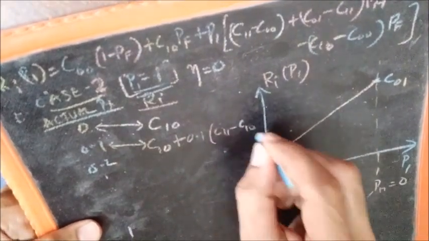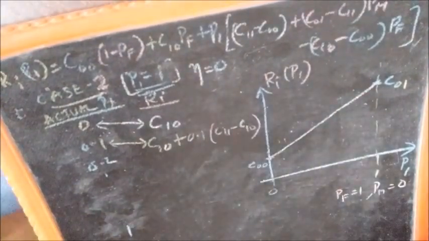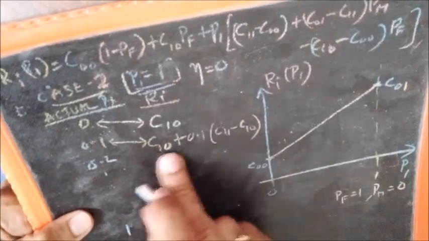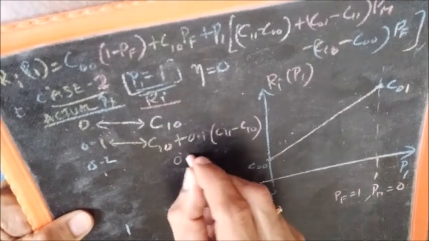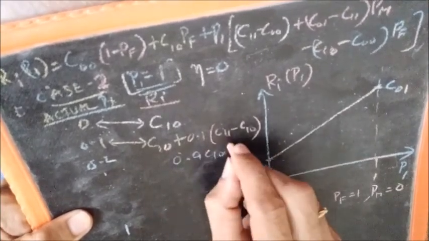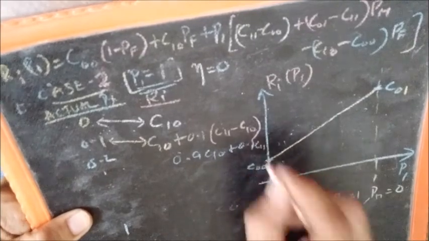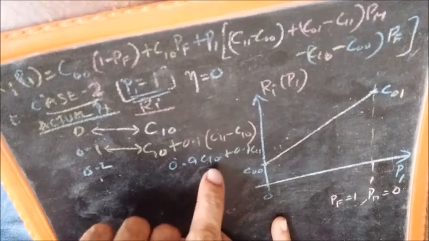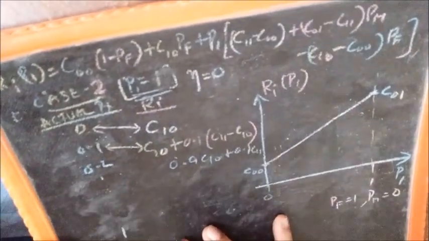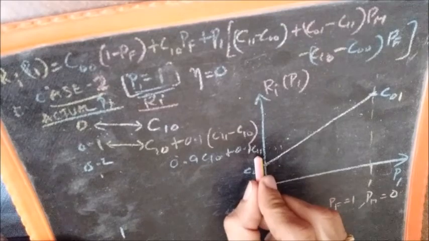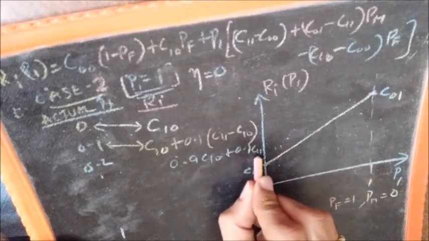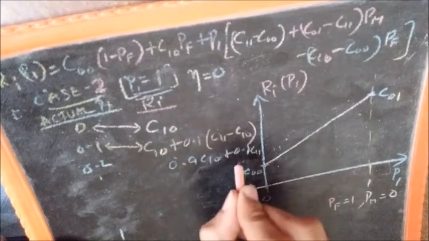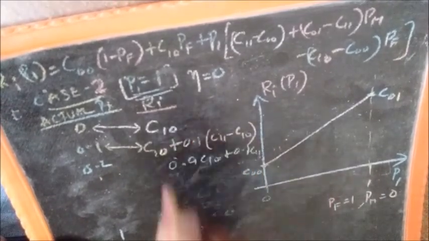So the risk will be 0.9 C10 plus 0.1 C11, which will be less than C10, because C11 is less than C10.